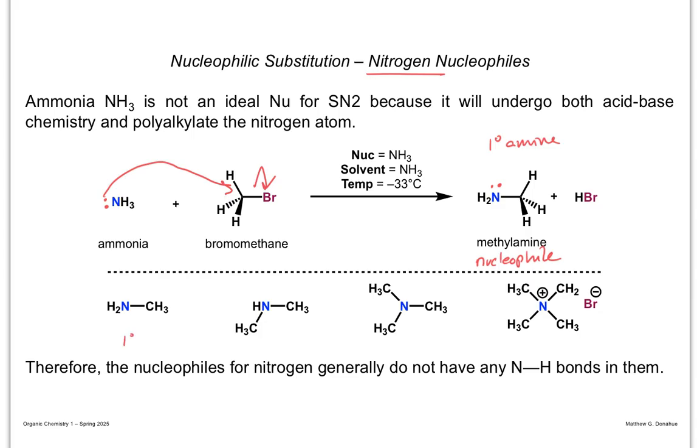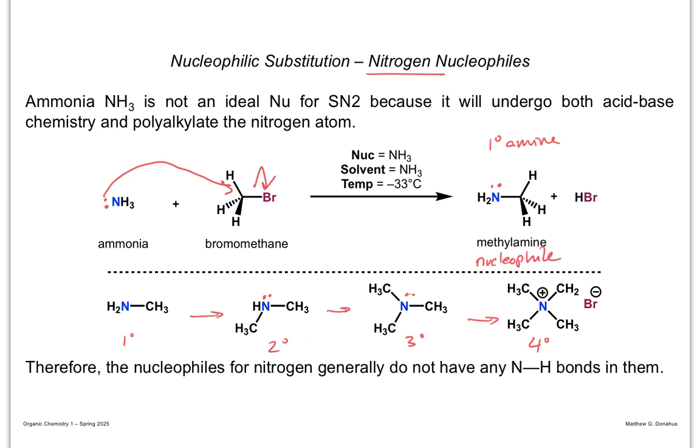So it'll go from the primary to form the secondary. That still has a lone pair. That will form the tertiary. That still has a lone pair. And now it'll form a quaternary ammonium salt. So ammonia as itself is a bad nucleophile unless the conditions are really well controlled.